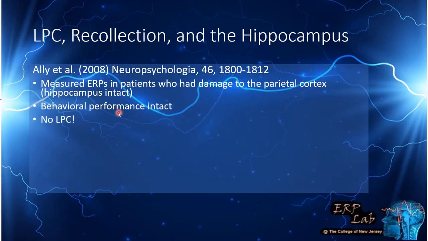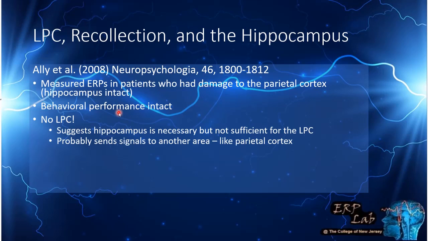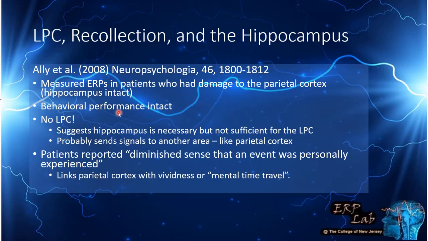However, there was no LPC, so this suggests that the hippocampus is necessary but not sufficient to produce the LPC, and that the hippocampus probably sends signals to another area like the parietal cortex during recollection. Interestingly, the patients in this study reported a diminished sense that the event was personally experienced. So this is some evidence that links the parietal cortex LPC with vividness, or what Endel Tulving called mental time travel.